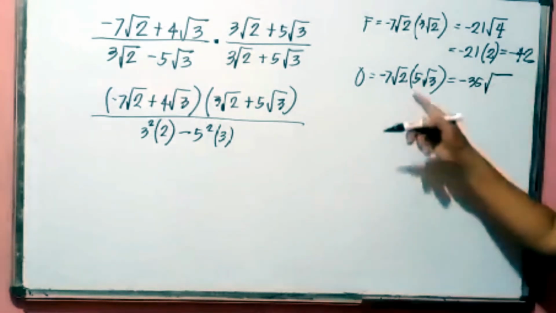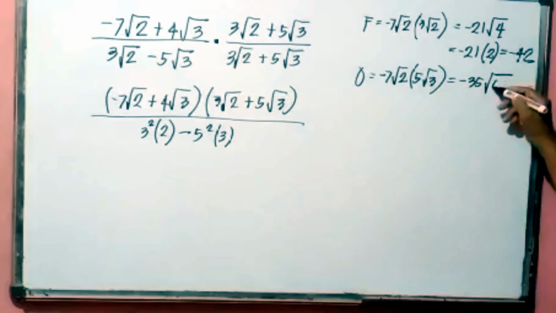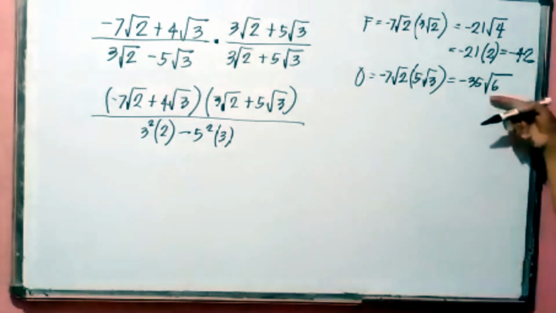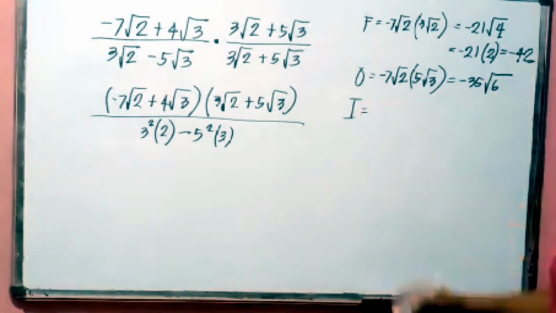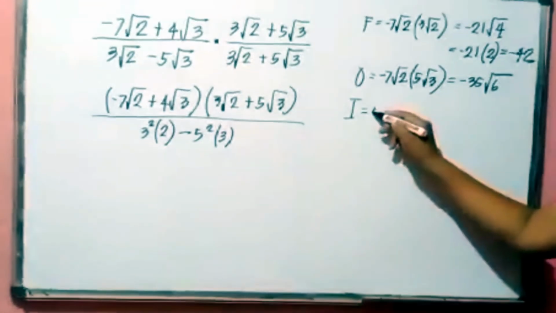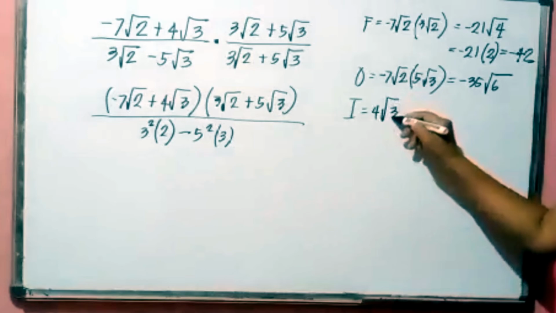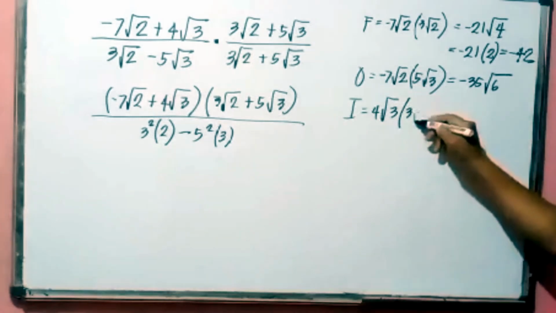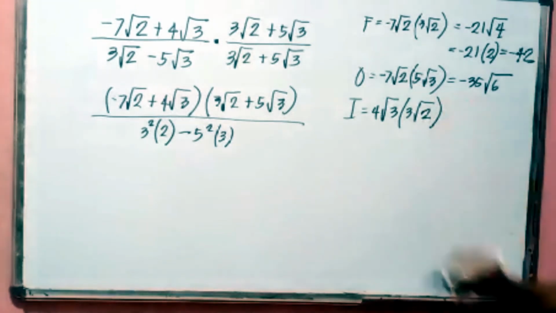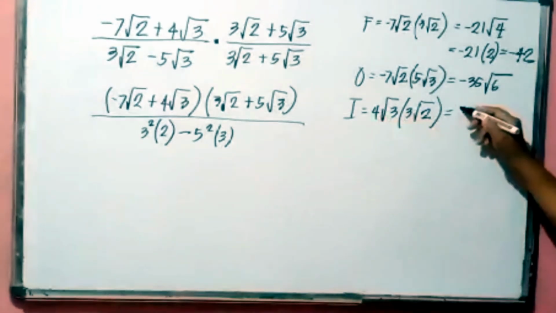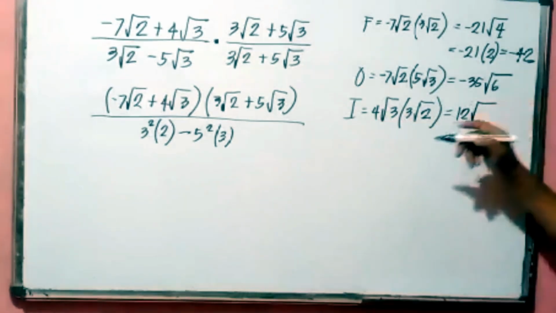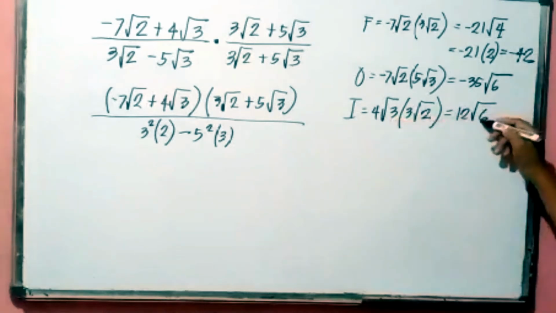In naman, so 2 times 3 is 6. Okay, hindi na yan pwede ma-simplify. Okay na yan. Inner terms tayo. Inner terms is 4 square root of 3 plus 3 square root of 2. Okay? Out, 4 times 3 is 12. In, 3 times 2 is 6.